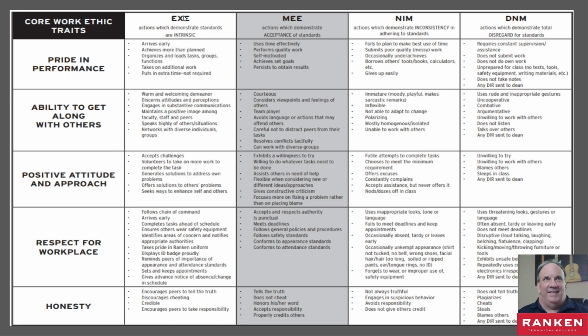So these are the core work ethic traits: pride and performance, ability to get along with others, positive attitude and approach, respect for the workplace, and honesty. The second one in the row here is a little grayed out. This one is where everybody starts, right? From here, in certain areas you could become exceeding, or you could go to the other side, depending on how you handle things and how consistent or inconsistent you are.